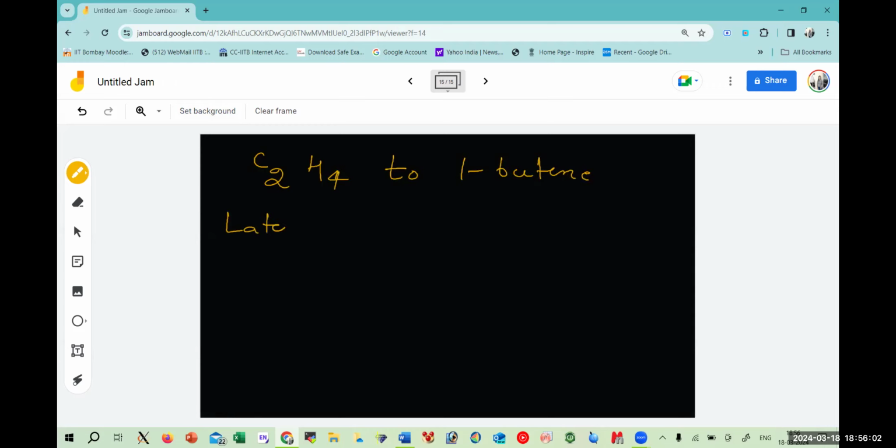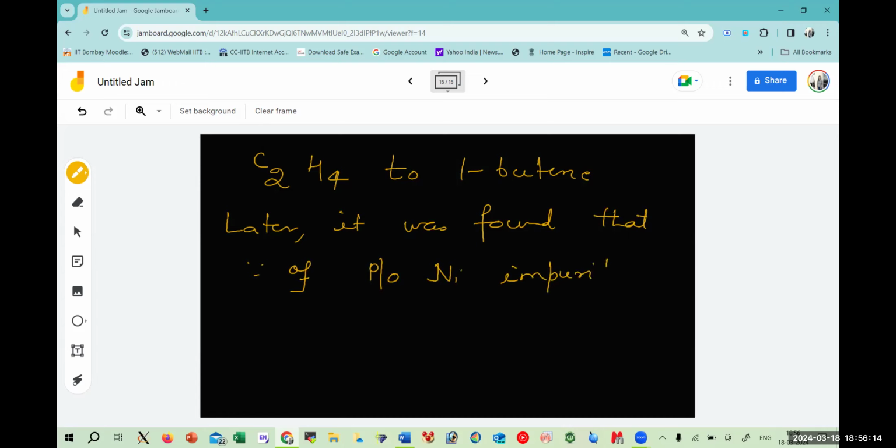Later it was found that because of the presence of nickel impurities in the reactor where the reaction was happening, it was called the nickel effect.